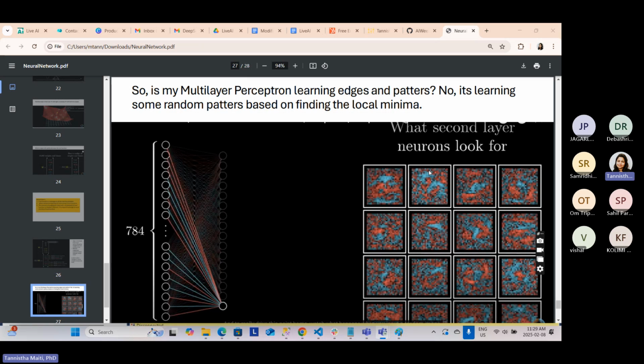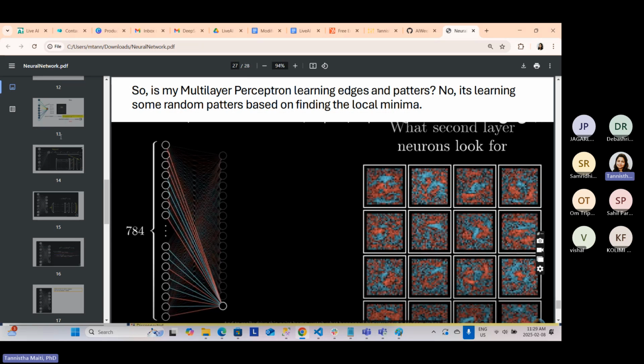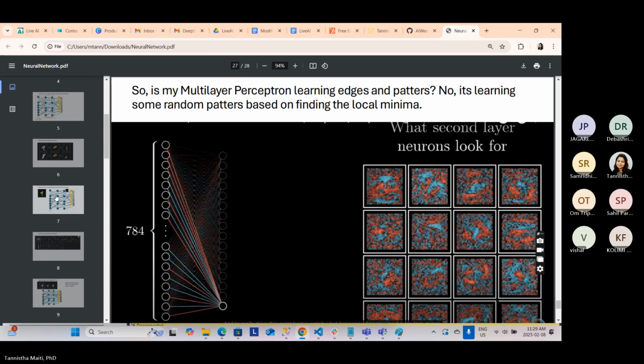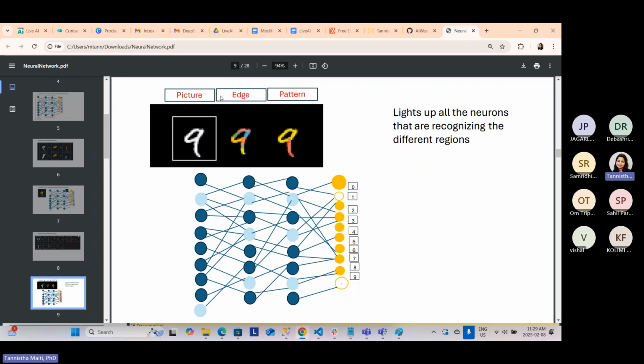So what we thought in the beginning, like where does it find the edges and the pattern? It does find the pattern, but it doesn't really try to understand the edges.